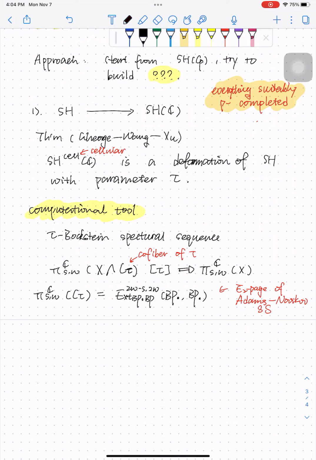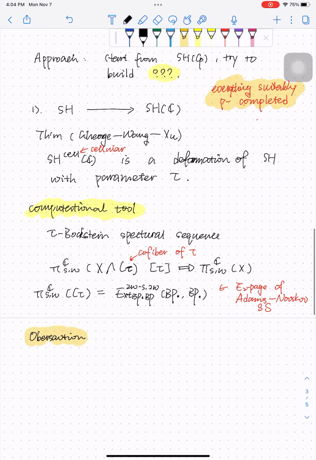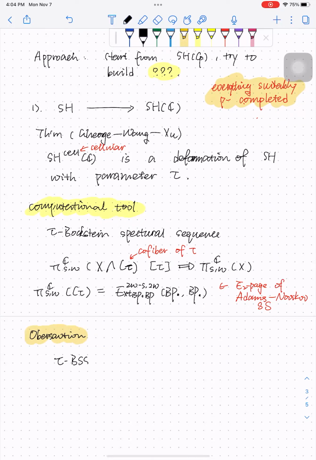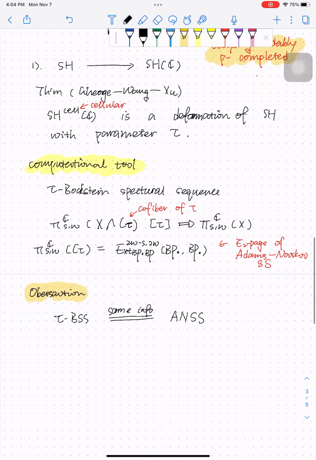And actually, this is an observation by Isaksen that the tau Bockstein spectral sequence has the same information as the classical Adams-Novikov spectral sequence.